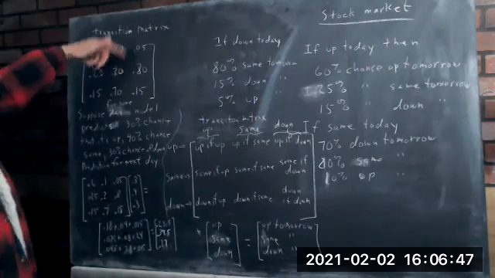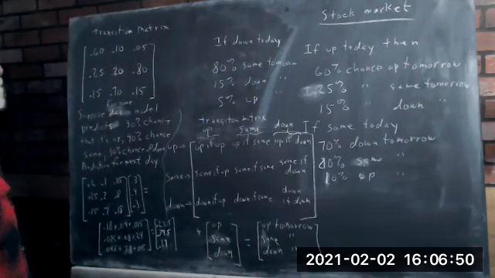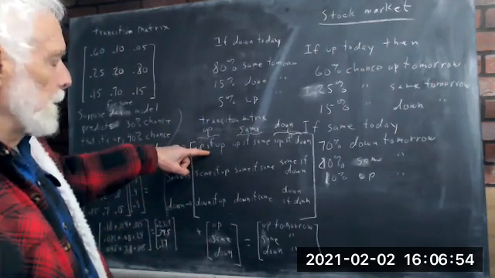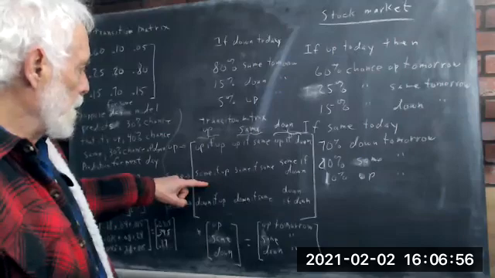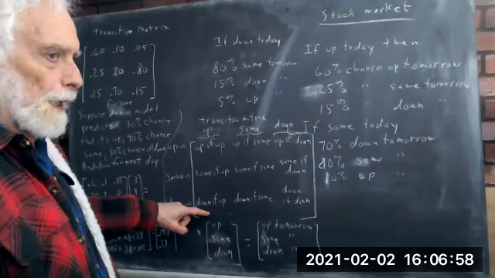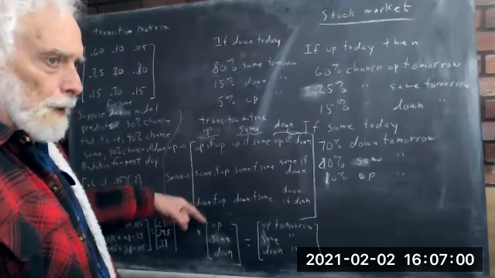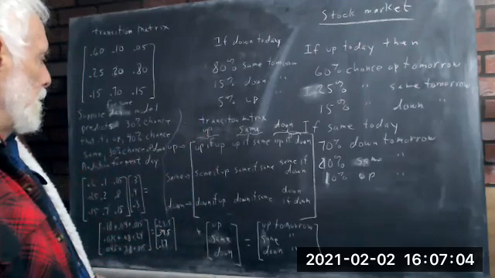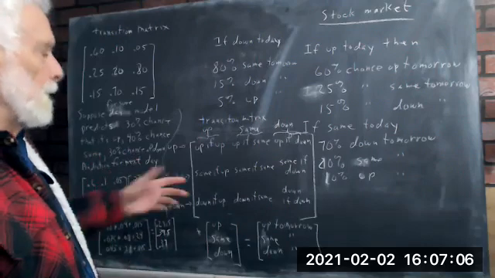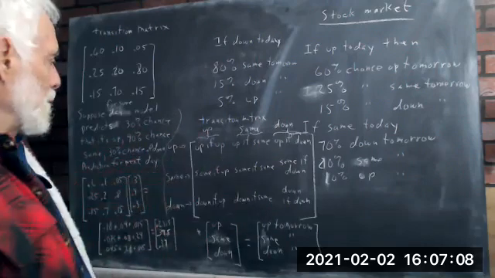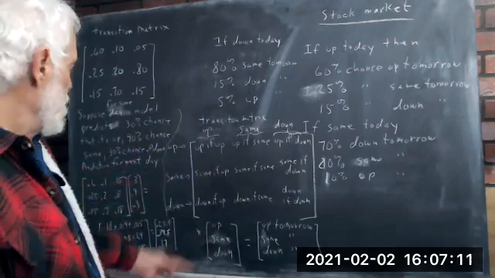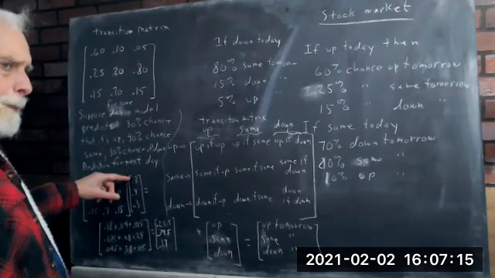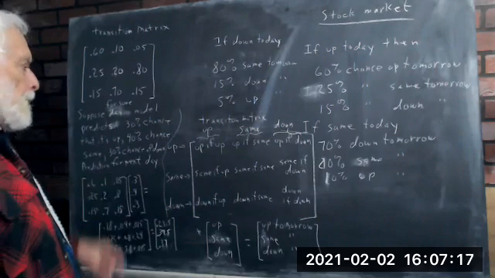The columns here, okay, the probability is up if it's up, plus the probability is same if it's up, plus the probability if it's down if it's up, adds up to the probability that it'll be something if it's up, okay? Because all these multiply the probability that it's up today.